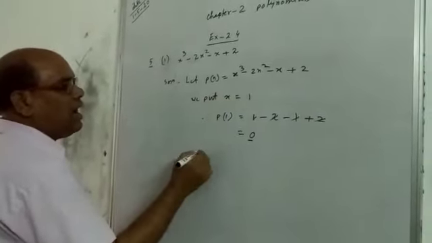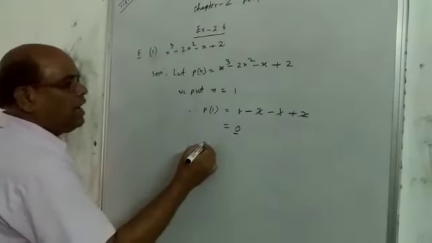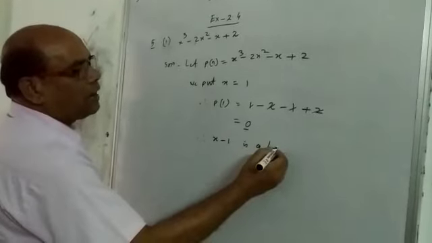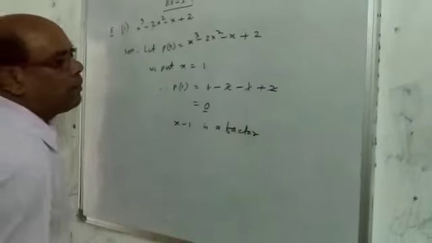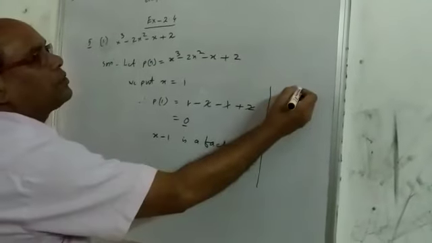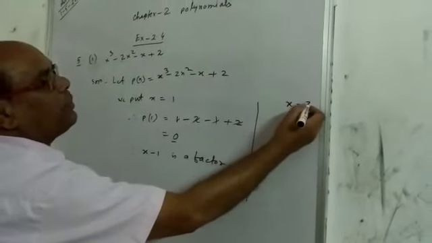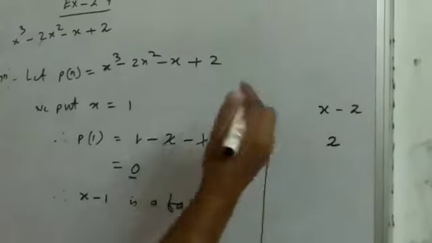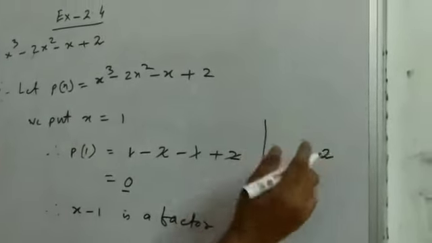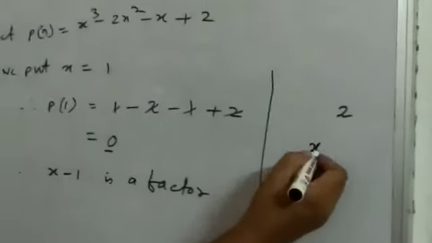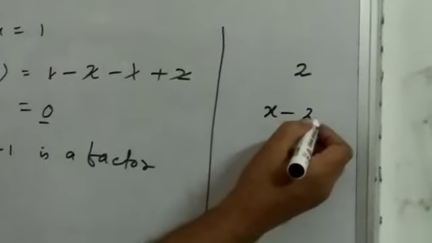Then we can say that x minus 1 is a factor. Now you see, suppose x minus 2 is a polynomial, then the zero of x minus 2 is 2. Conversely, if 2 is a zero of a polynomial, then the polynomial is x minus 2.